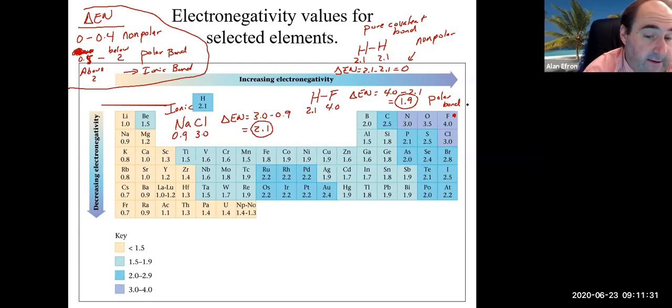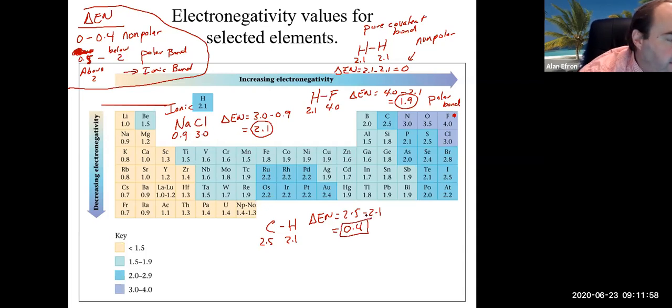Now, let's talk about a couple other examples of using this table. For example, let's say we took the bond between carbon and hydrogen. Carbon on the periodic table is 2.5 and hydrogen is 2.1. So the difference in electronegativity, 2.5 minus 2.1, gives us 0.4. 0.4, as you can see, is the top part of the scale that's considered nonpolar.